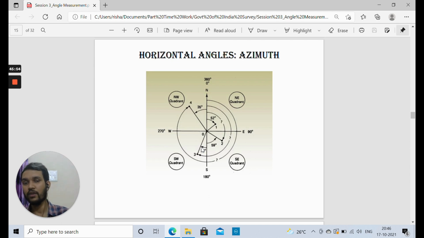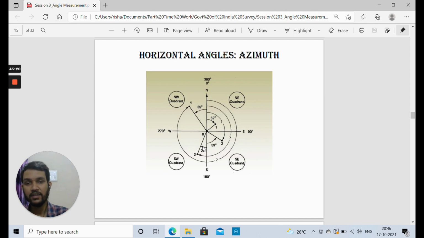This angle can't be 22 degree because that is with reference to the southern axis, and if we are talking about the azimuth of a line, we always need to report the angle with reference to the northern axis. So the angle this line makes is 180 plus 22, and if you solve this, it comes out equal to 202 degree.